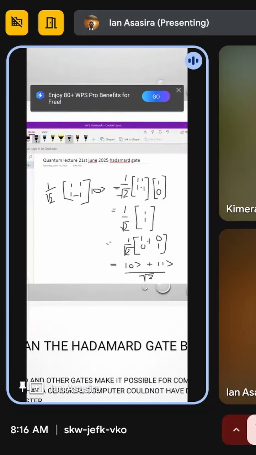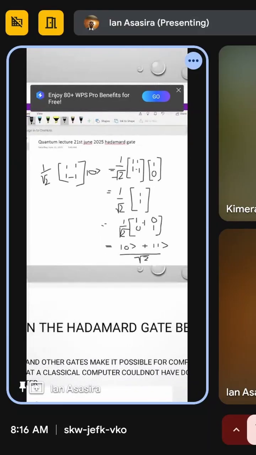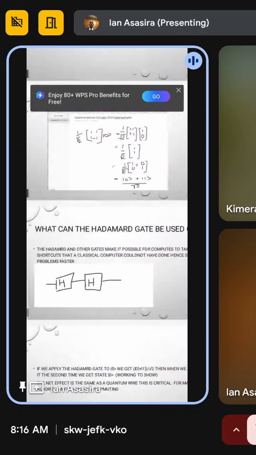We know that 1, 0 represents the state 0, and 0, 1 represents the state 1. So we have proved that applying this matrix on ket 0 gives us this equation. So that's the Hadamard gate.